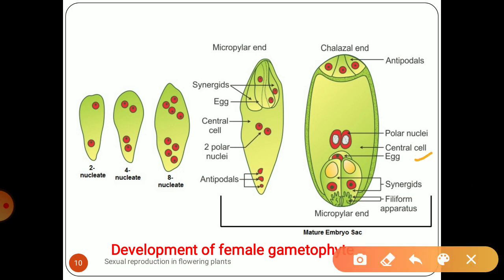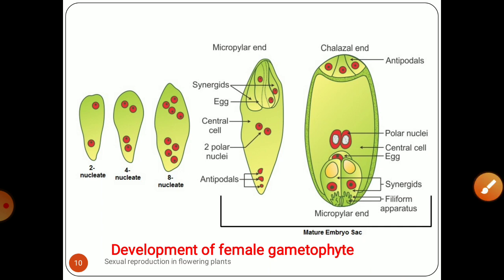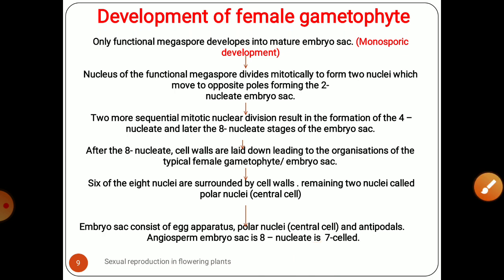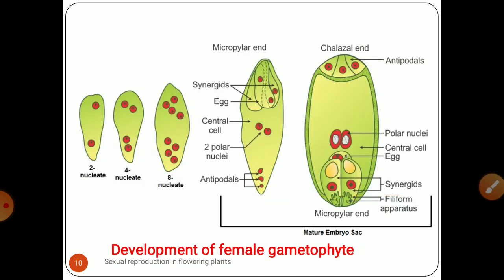So the number of cells is 3 antipodals plus 2 synergids and 1 egg cell, 6, plus 1 central cell. So it becomes 7 celled. That is why the angiosperm embryo sac is commonly called 8 nucleate and 7 celled. It is often asked in exams to explain why we call it so. I hope it is clear.